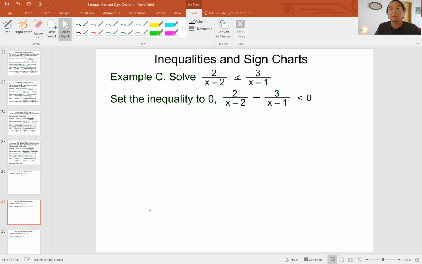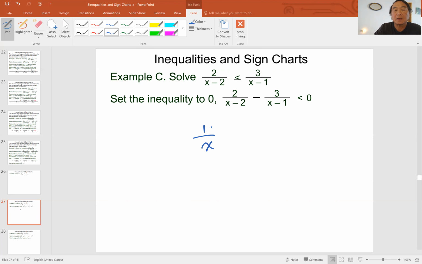Then what? I'm not allowed to multiply this inequality by anything. I'm not allowed to clear the denominator. Why not? Just try.